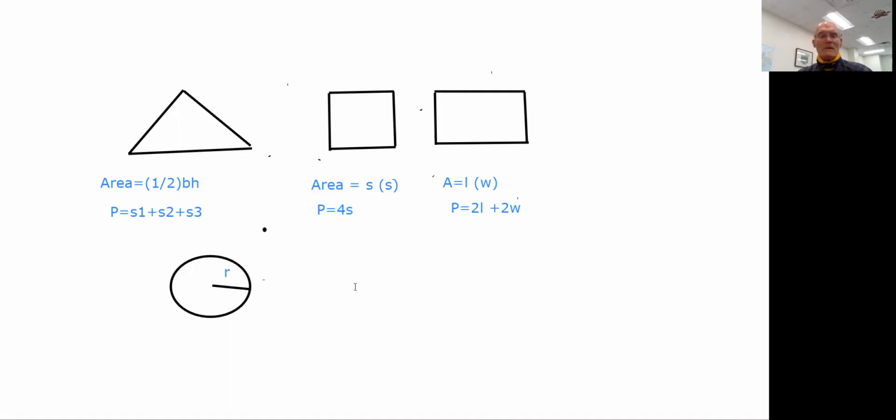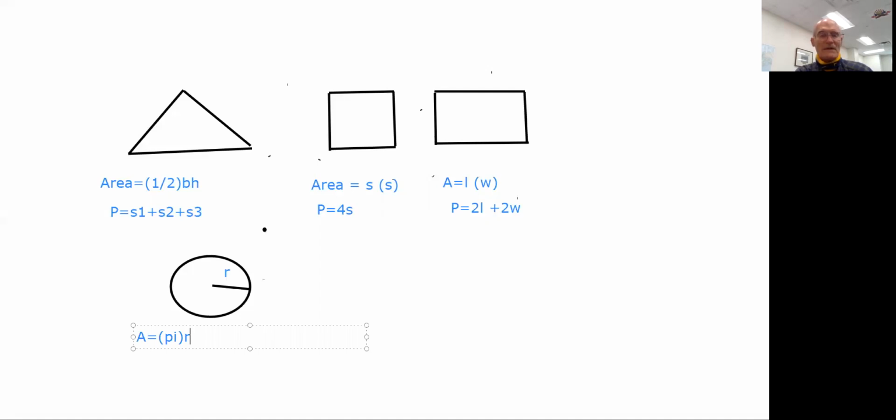And then with formulas, the area equals pi. Now there's no pi button on here, so I'll give you pi in terms of just pi, the symbol pi, times r squared, so that's r times r.